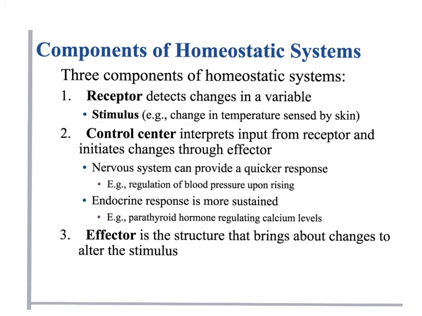The brain is your control center, okay? Or it may not be the brain, it could be the endocrine system or whatever else. But in 99% of cases, it's the nervous system. The nervous system and the endocrine system work together to maintain that constancy.